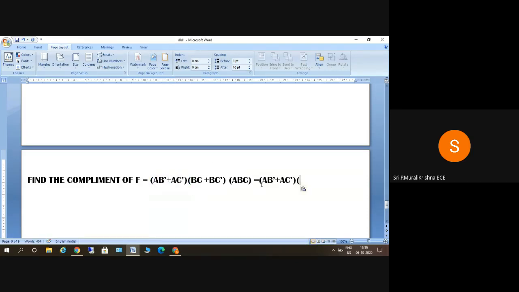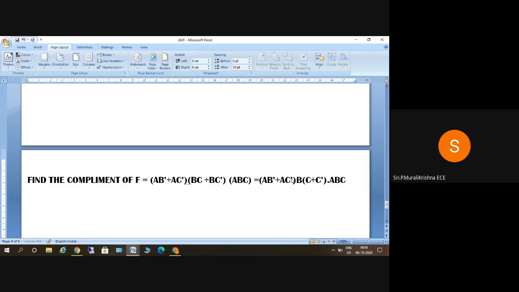So that is equal to AB plus A bar C. If I take B as common, which is nothing but C plus C bar, so C plus C bar is equal to 1 into ABC.